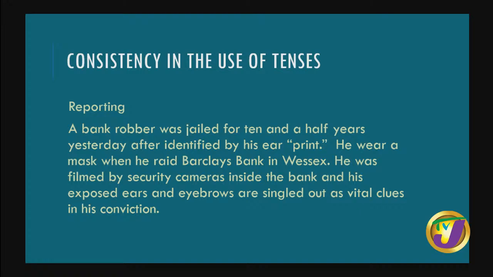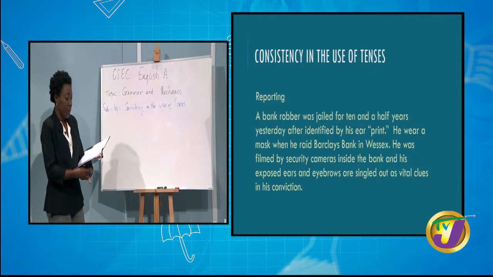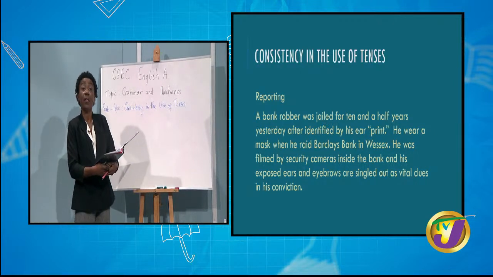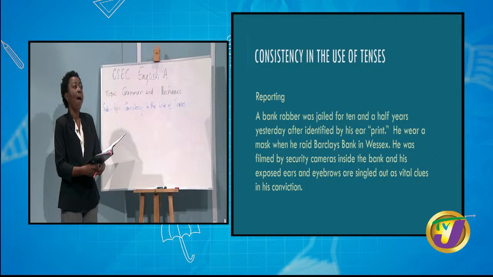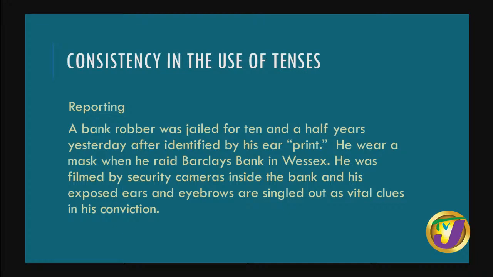So I'm going back to my whiteboard, and let's read more slowly now. A bank robber was jailed for 10.5 years yesterday after identified. Something not quite right there. So identifying is a process.